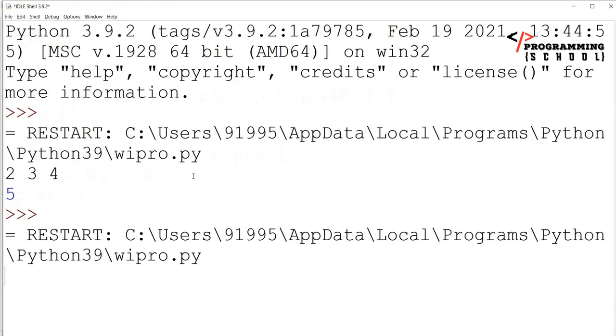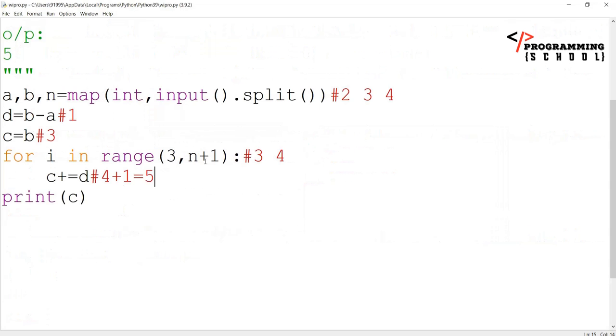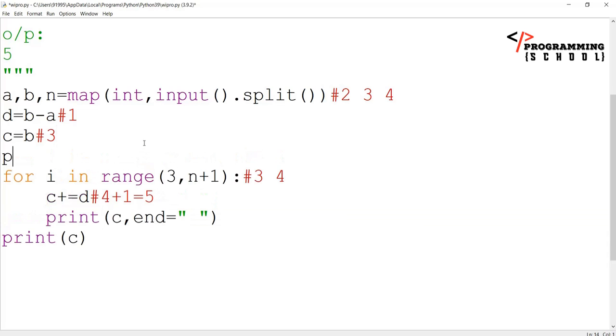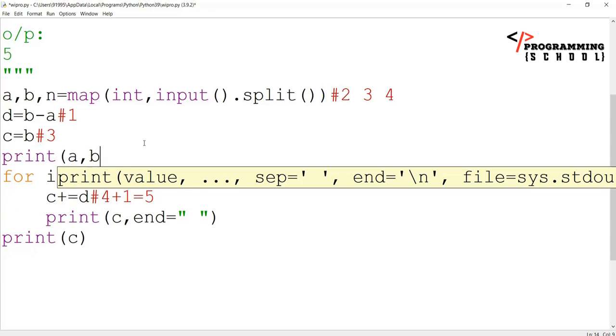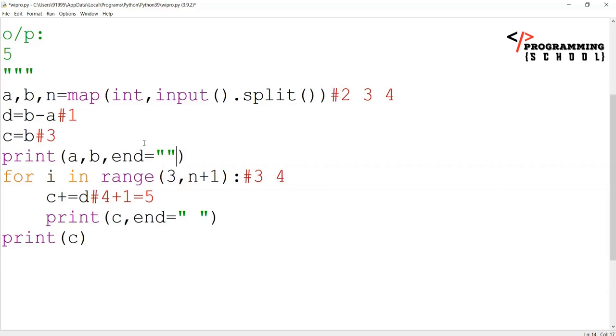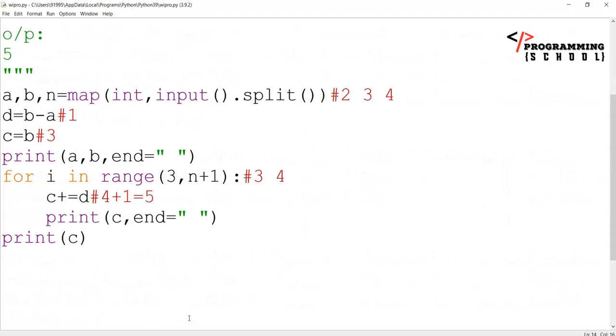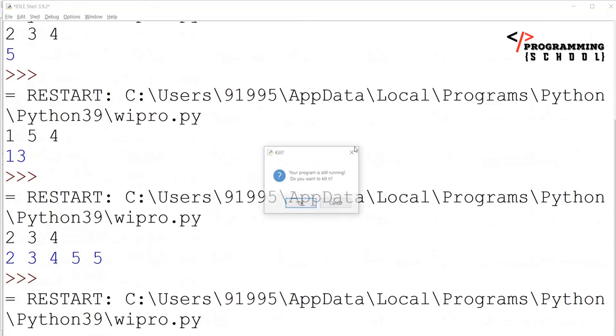For example, I am going to write here 1, 5 and fourth term. Just observe, that is going to be 13. 13 is the fourth term when 1 and 5 are the first terms. If I want to print the total series, I want to print C inside the loop, and before that I am going to print A comma B. There is no need to print the last value; that is the mistake.